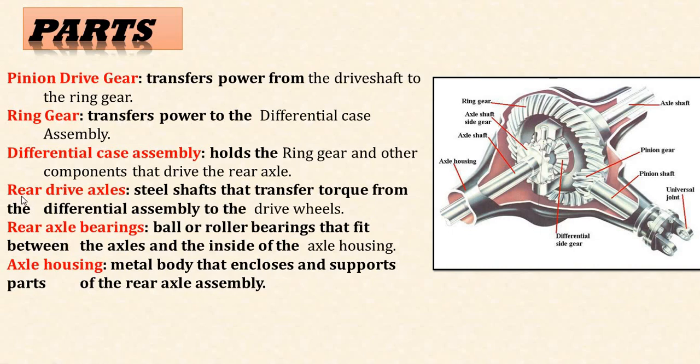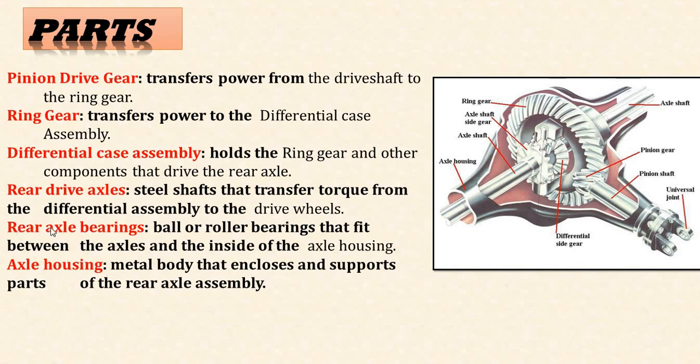The next part is rear drive axles. So this is the rear drive axle. These are made up of steel, so steel shafts that transfer torque from the differential assembly to the driving wheels.